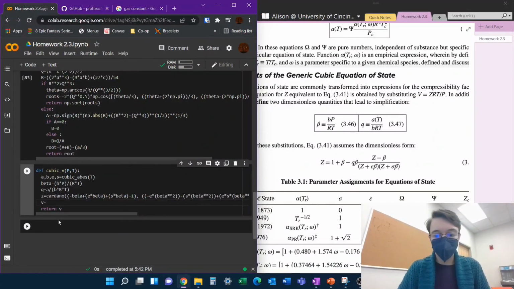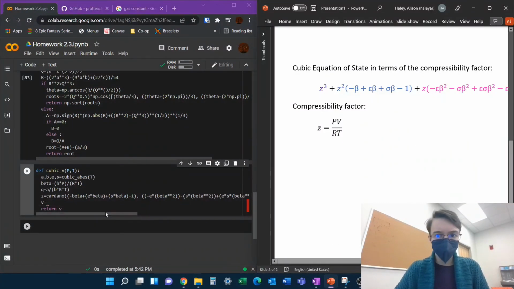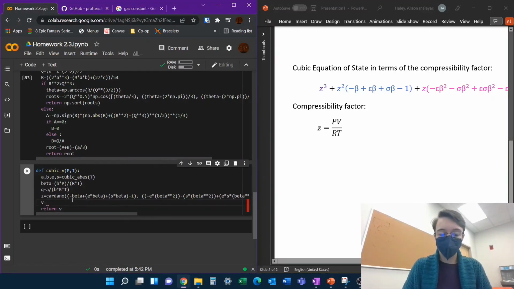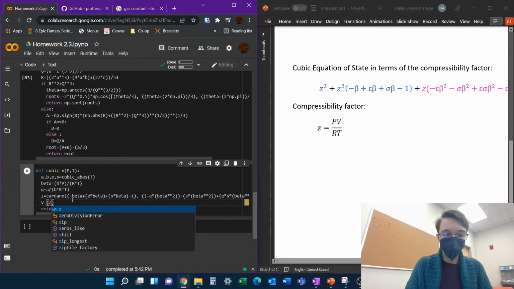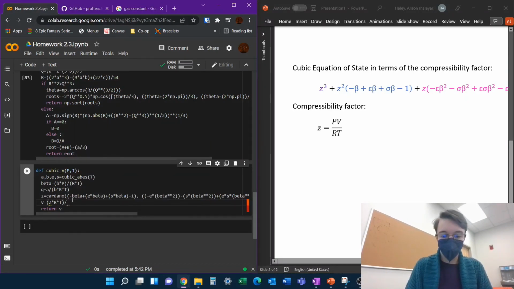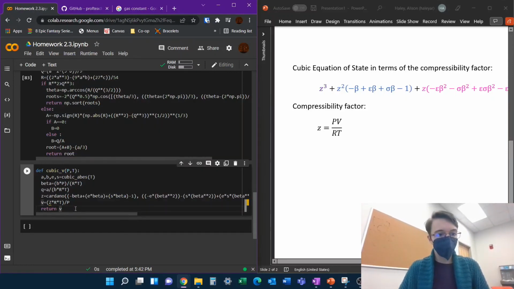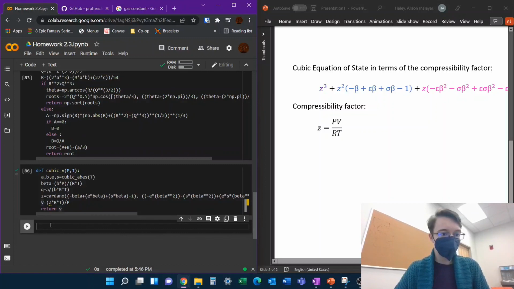We can do that using the formula for the compressibility factor and just rearranging it. So the volume is going to be equal to Z times R times the temperature divided by the pressure. Alright, so now we should be good to go. We can shift enter on that.